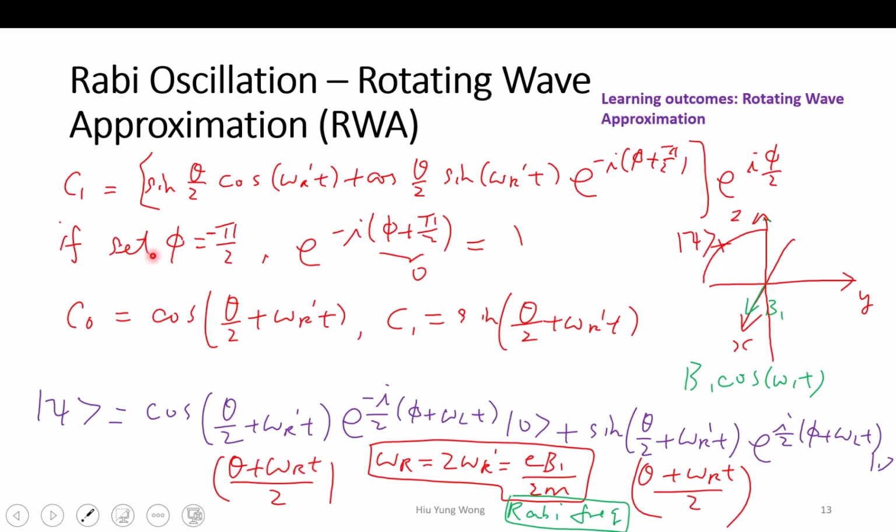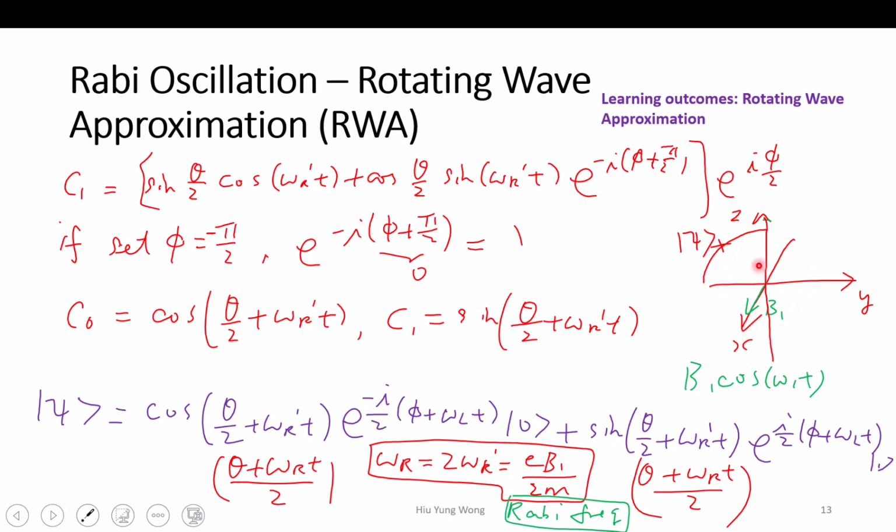Now, why do I need to set this? This is not necessary. It's just because I want to fit into this equation. The theta is only straightforward when your state is on the YZ plane. So when it's going down, the change of theta is just the original theta plus some value. If it is on another part of the Bloch sphere, it still works, you will still go down.